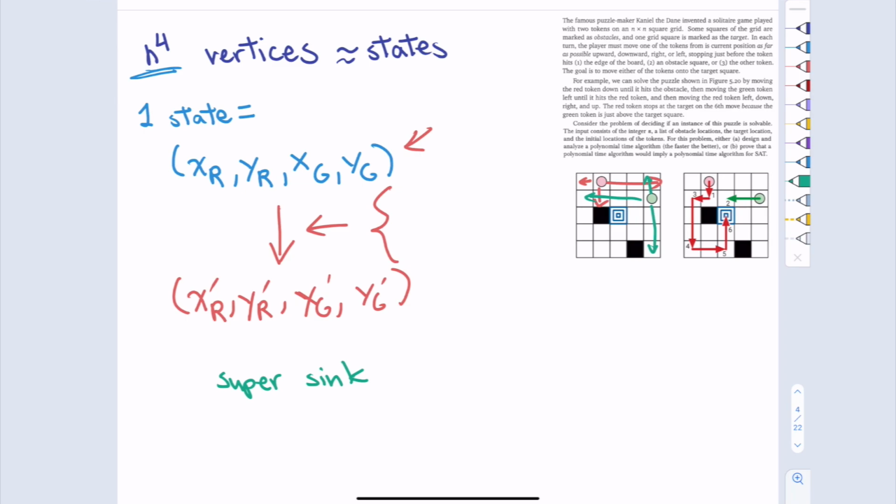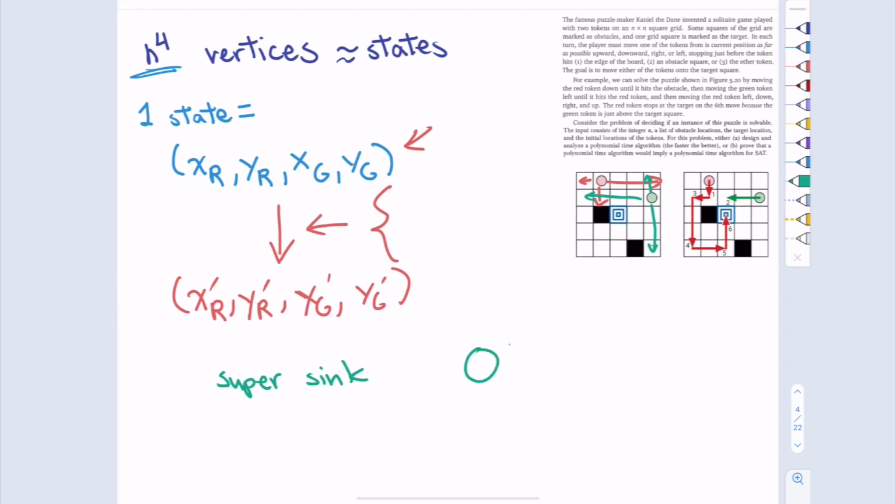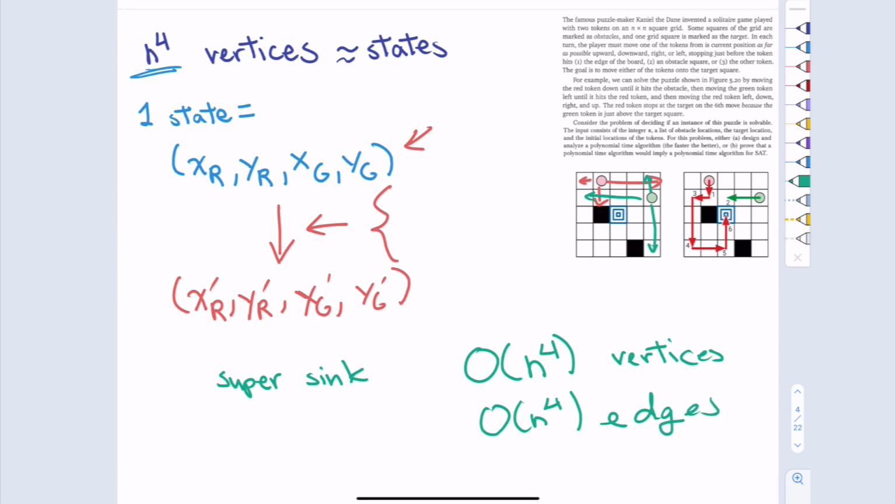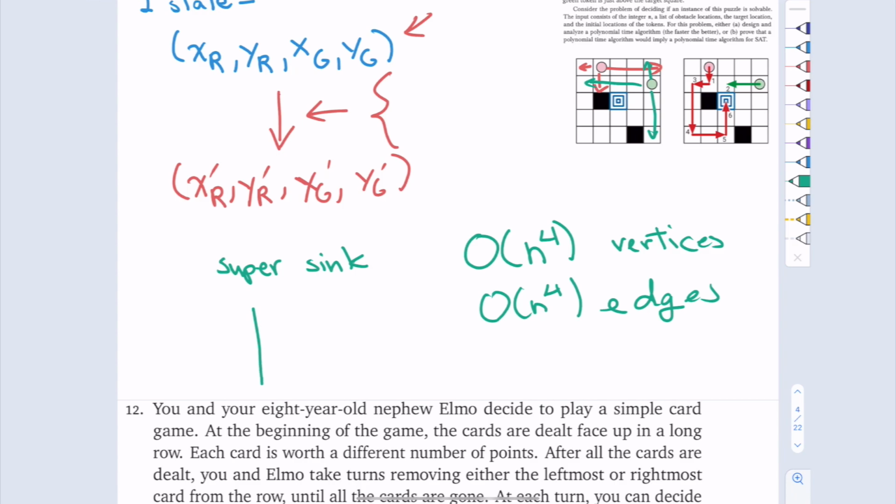Oh, so this graph, if you did it fully, you should end up with like n to the 4 vertices and n to the 4 edges. And so that would end up being your running time. I'll only note that if you wanted to look really carefully and get a faster running time, if you had a big grid and you had a bunch of empty rows in a row, you would never really be able to use any of those middle squares.